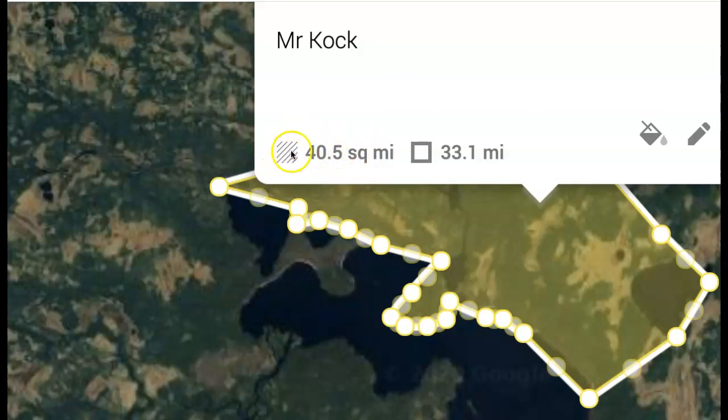One has that kind of shaded in box and it says 40.5 square miles. This one just has a box and it says 33.1. So this one right here is area, and this one is perimeter. Area means how many squares that are a mile, 1 mile by 1 mile, how many squares could fit into this shape. They're saying 40.5 can fit into it.